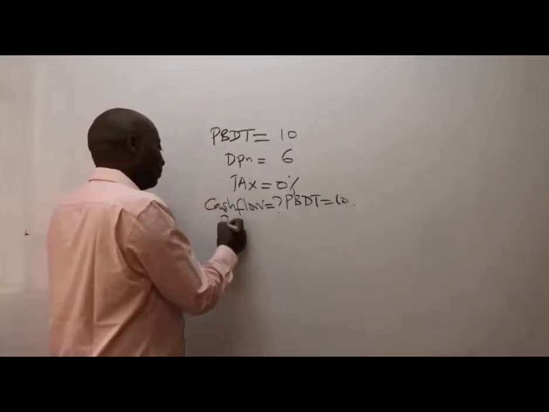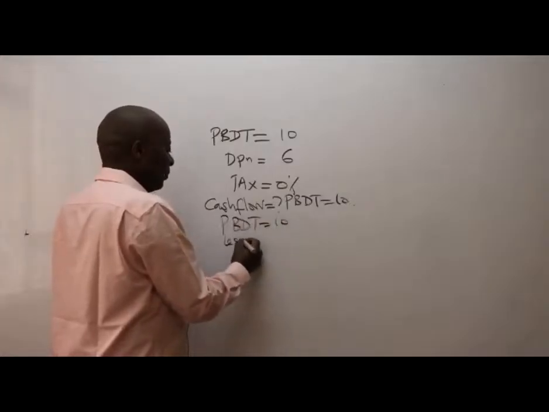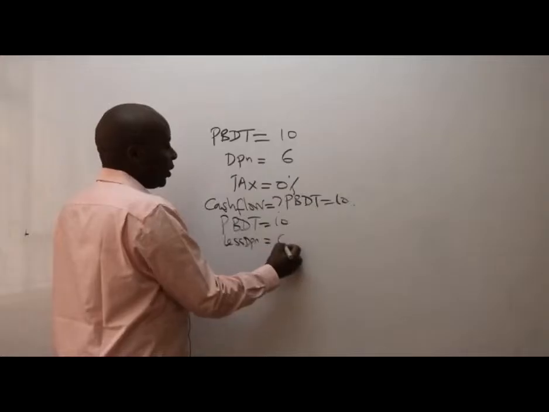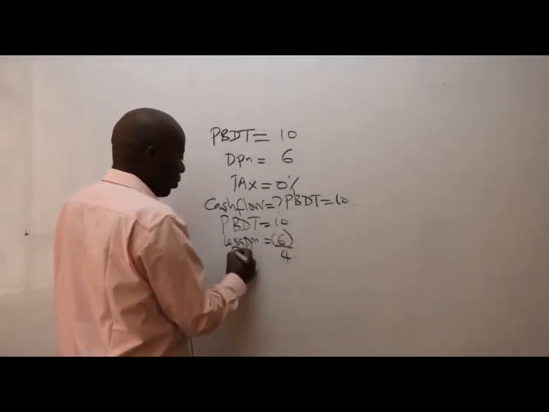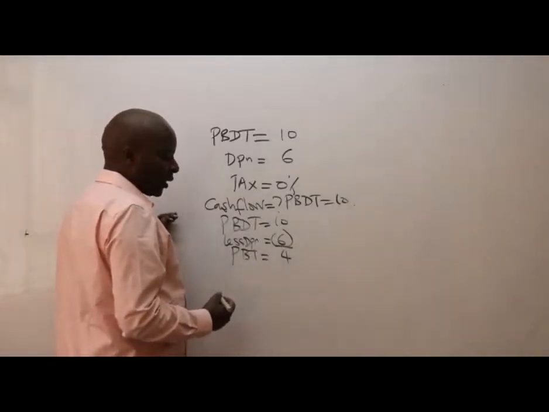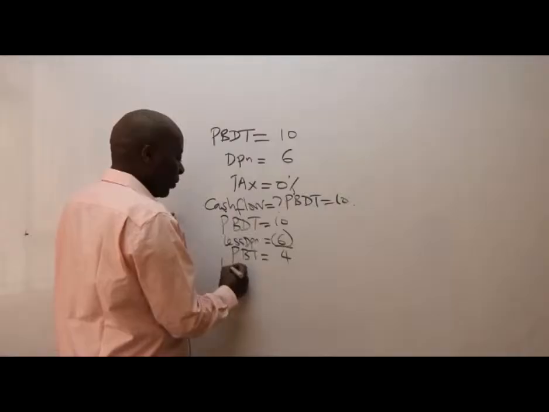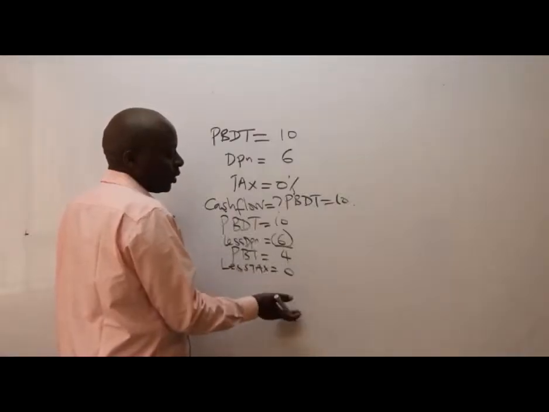Because here, profit before depreciation and tax is 10. So we come under less depreciation of how much here? 6, which will give me 4. So this is profit before tax. And then I'll come under less what here? Less tax. Tax itself is 0. 0% of 4 is 0.